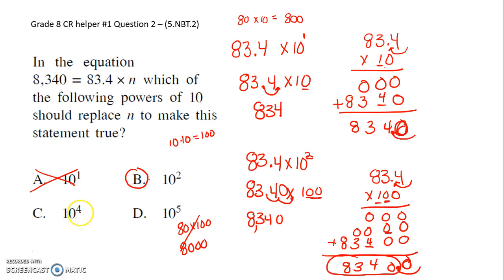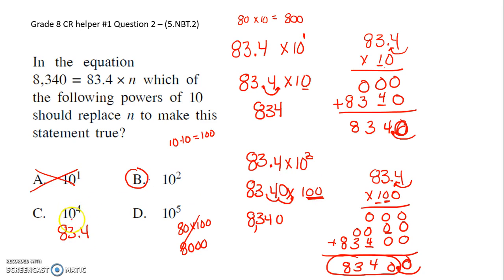So if your exponent was 4, your 10 would have 4 zeros. So you could take your 83.4. When you get to scientific notation, this is going to become a habit. But the reason why is because we're multiplying by multiples of 10.